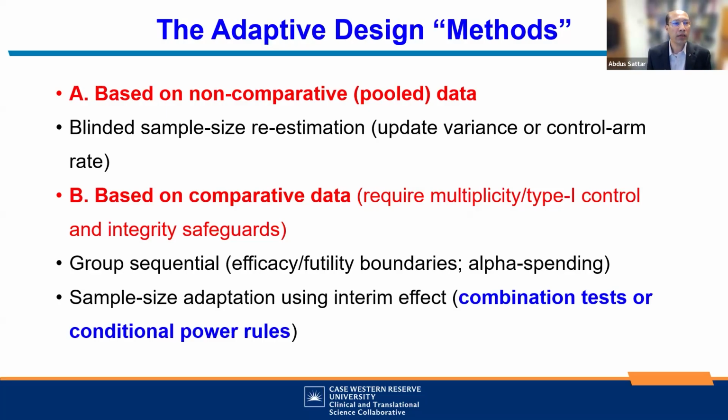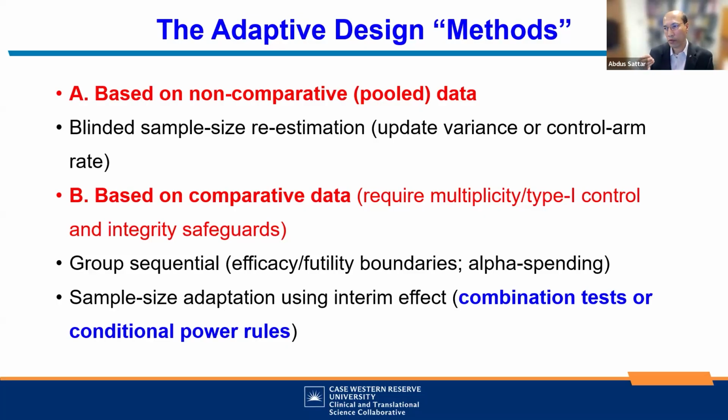So the adaptive design methods based on non-comparative data that I mentioned at the beginning, on this slide, are for calculating the blinded sample size. Sample size re-estimation can be done from the pooled data, irrespective of the treatment arms.